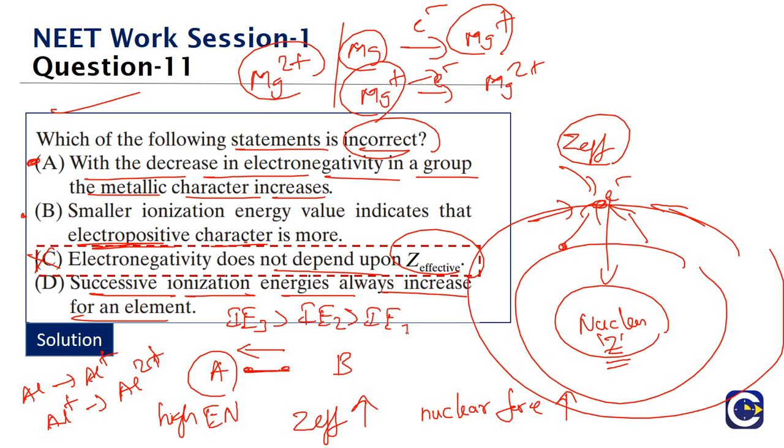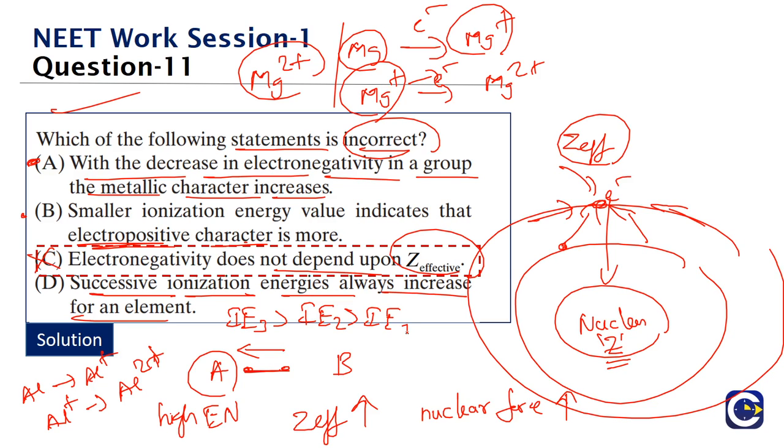IE1 is the ionization energy required for the removal of the first electron, IE2 for the second electron, IE3 for the third electron. So the successive ionization energy values will always be higher. If you are removing 4 electrons, IE4 will be more than IE3, more than IE2, more than IE1. So this is also a correct statement.